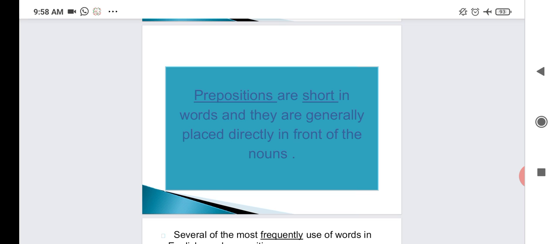બીજા અર્થમાં સમજીએ, then prepositions are short in words and they are generally placed directly in front of nouns. Prepositions are normally, if you have observed, short in words, like for example in, on, above, before, after. Except for phrases, we usually observe that these words are smaller in size.